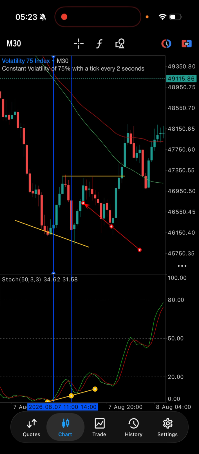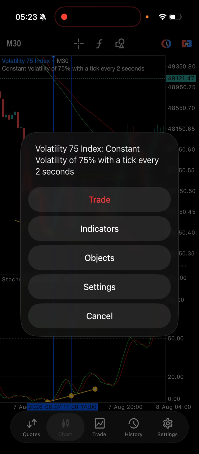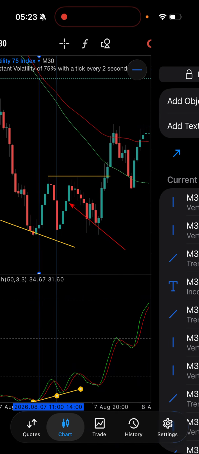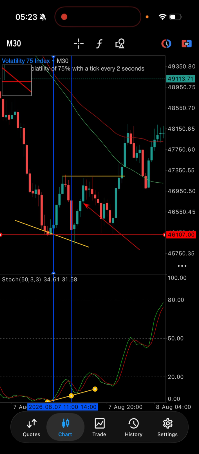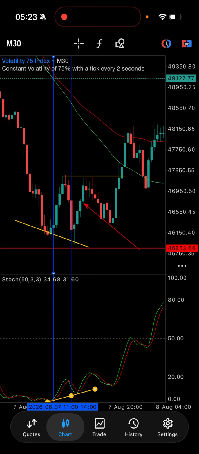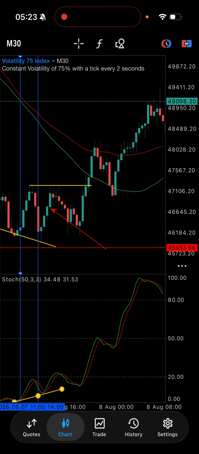At the third here, I'll be entering my first position because it was not a very big bullish candlestick, and then getting my stop loss around here. So when price eventually goes to this level, I'll be adding another position.